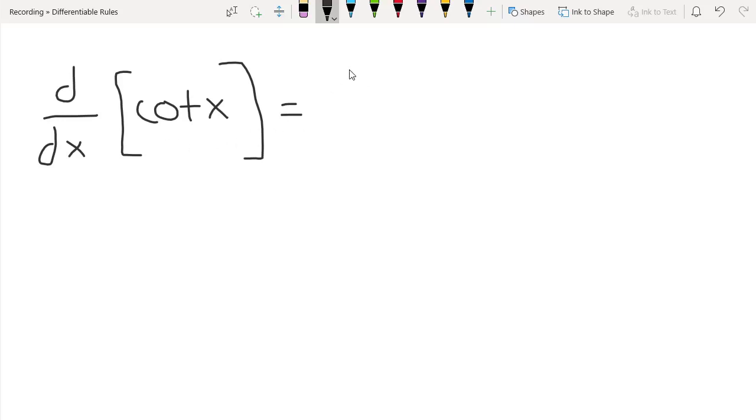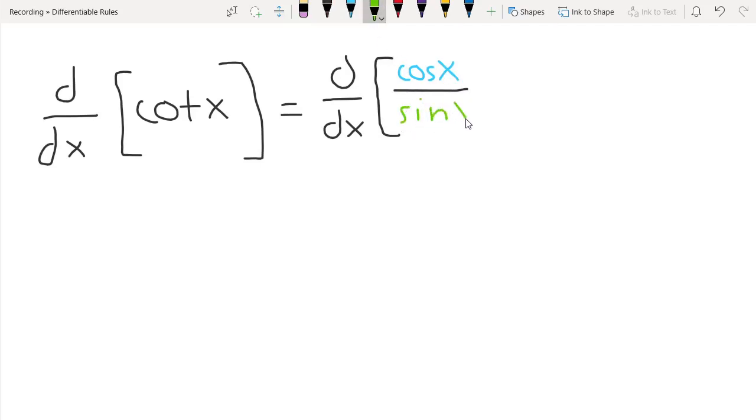So in this case, we can rewrite it here as d dx of cosine of x over sine of x, instead of the other way around where tan of x was sine of x over cosine of x.